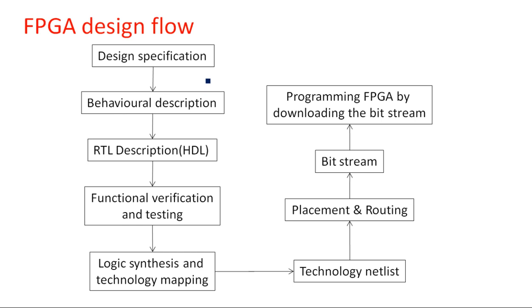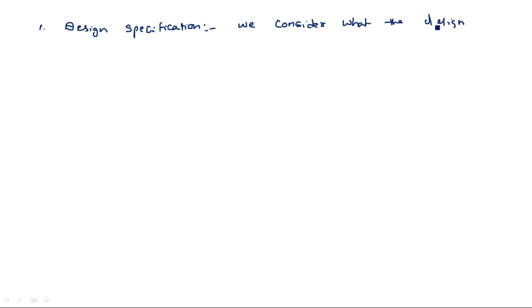See, this is the FPGA design flow diagram where the first step includes design specification. Design specification is nothing but we are going to consider what is the requirement of the present situation. So in the design specification, we consider what the design says.